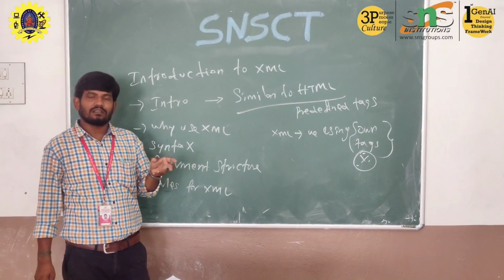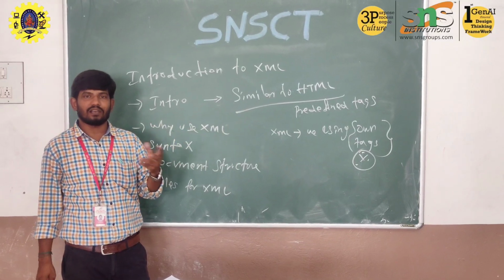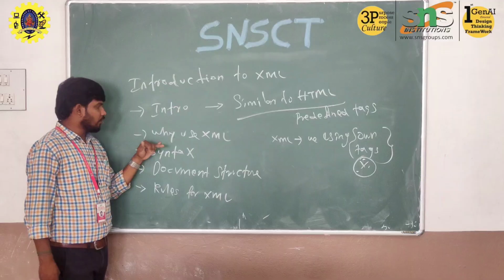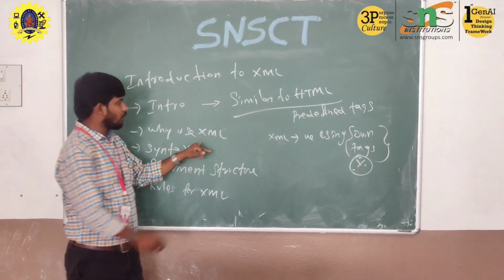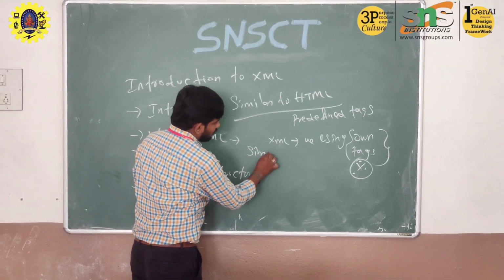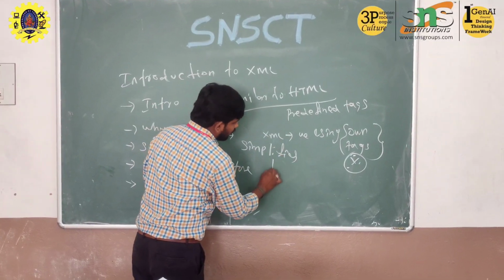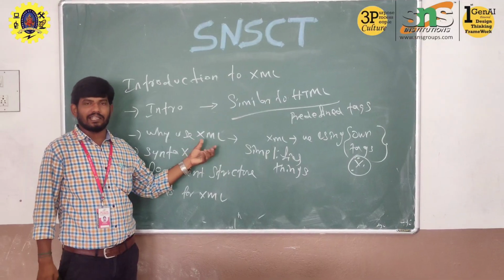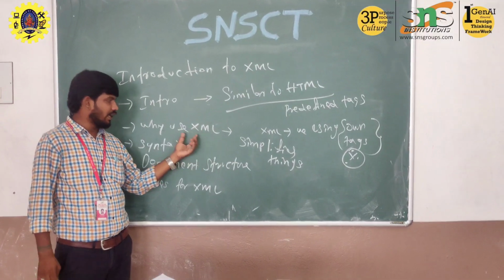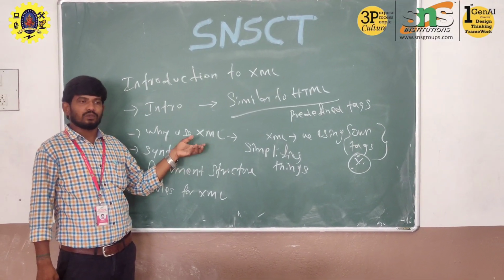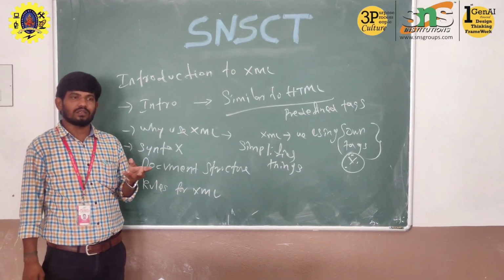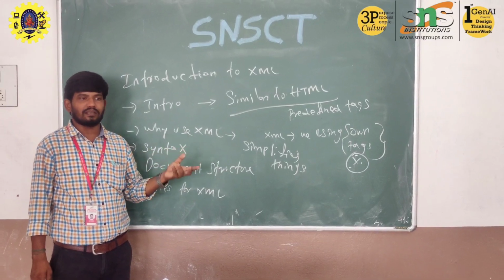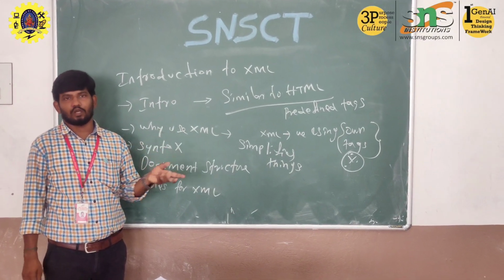Without sharing the data, XML is used to store and transport data, as an interchange format. Second, why we use XML: XML simplifies things. Storing, transporting and interchanging data is very easy in XML, and it is used for creating, transporting and sharing data between two different documents, independent of hardware and software.